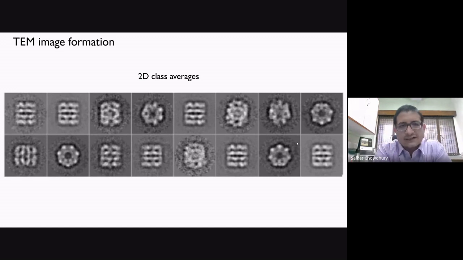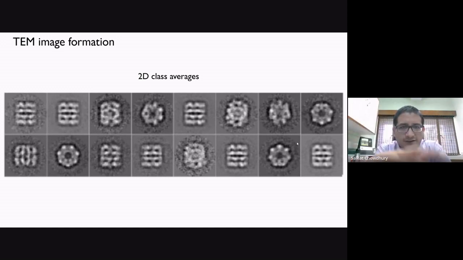These are called 2D class averages, where each particle has been compared pixel by pixel to each other and then sorted based on views, or even if there is any variation between these particles, you can sort them out computationally. It's a computationally intensive process where you do a lot of image processing by comparison, going pixel by pixel. Many of us use gaming-PC-equivalent GPU computers to do all this number crunching, and then finally end up with more detailed images in 2D.